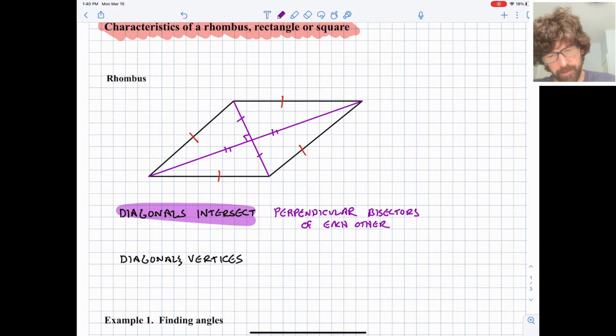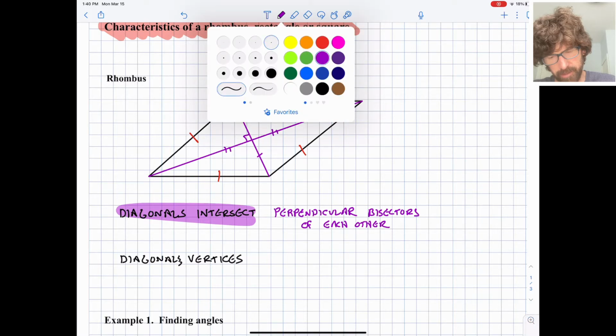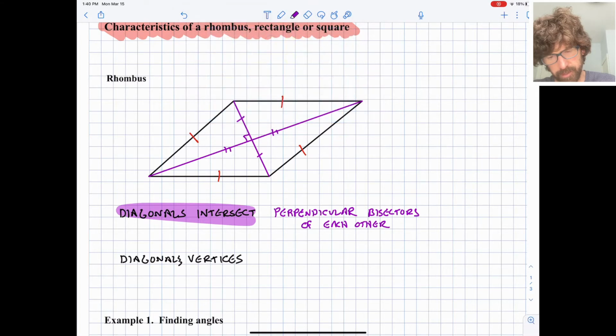Okay, let's think about what's going on at the vertices. I'll keep these diagonals drawn in as purple, but I'll draw some things regarding angles in blue here. So see if you can notice anything about these angles at the vertices. What's going to happen, what's true, is that those angles will be congruent.